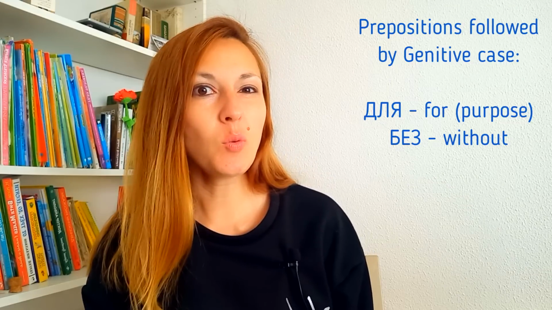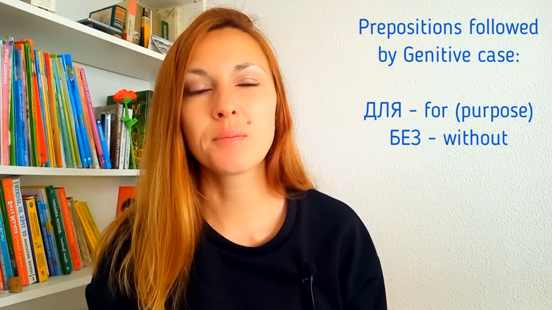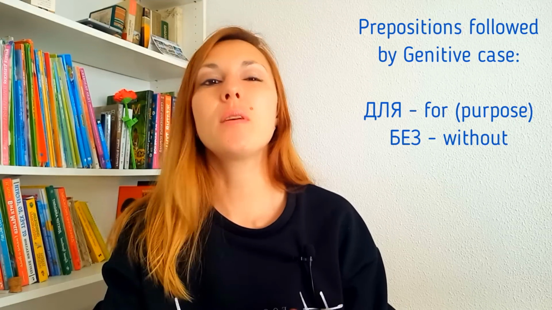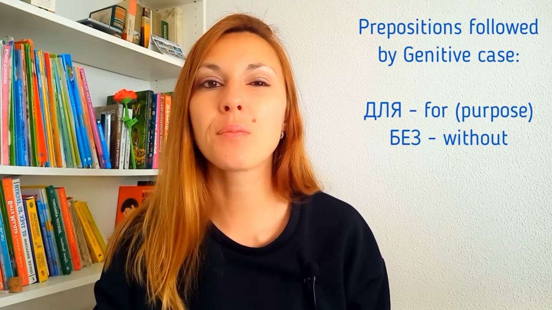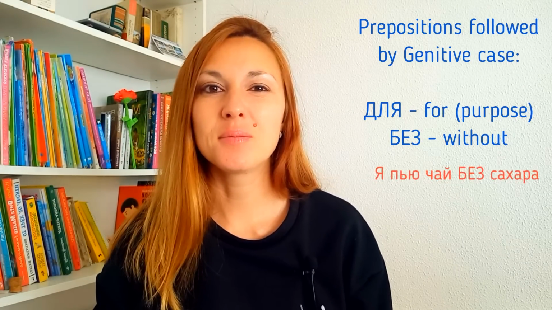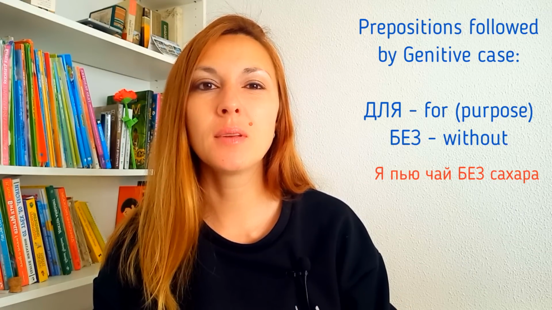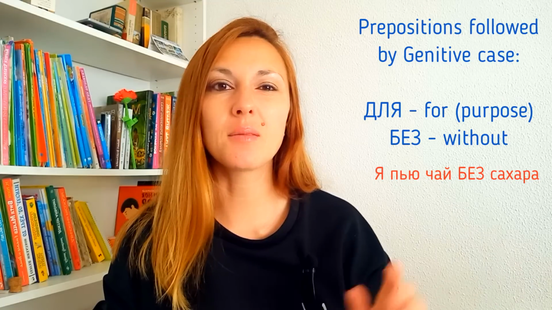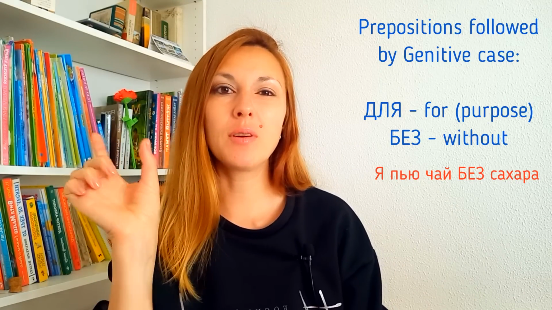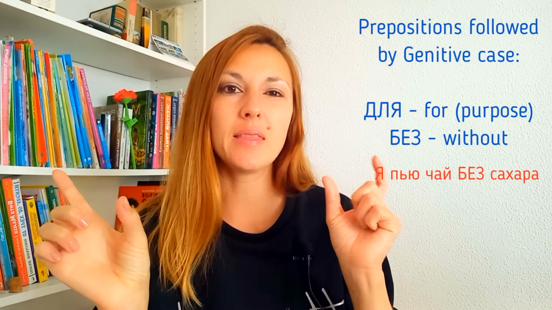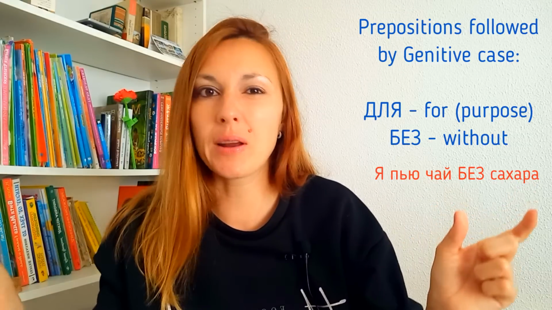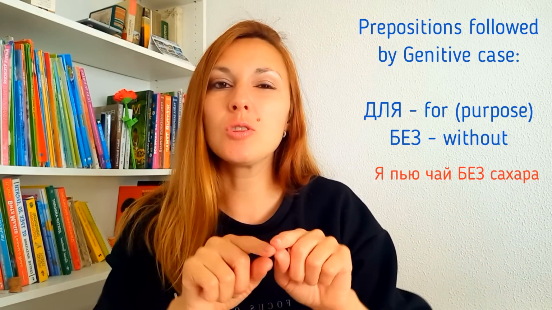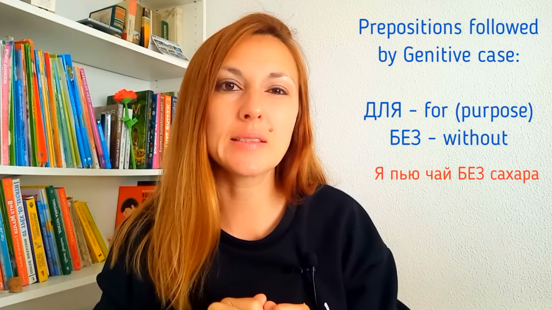The same for the word sugar, сахар. Let's make a phrase. I drink tea without sugar. Я пью чай без сахара. Без сахара. When you have без and then the next word starts with practically the same sound, z or s, we don't separate, we don't divide these two words.